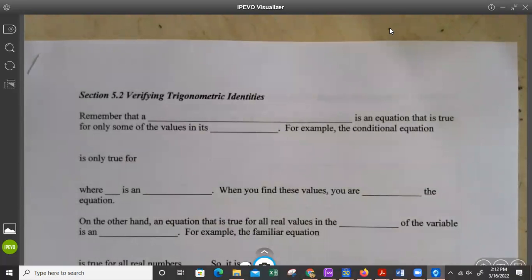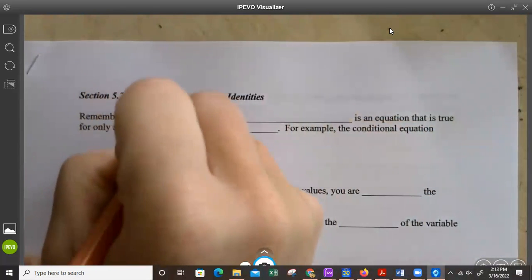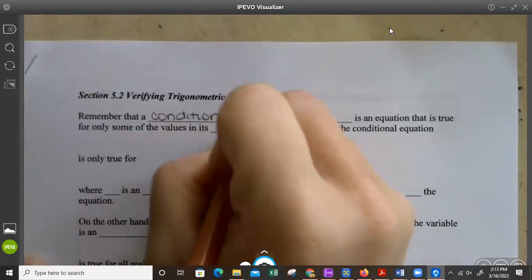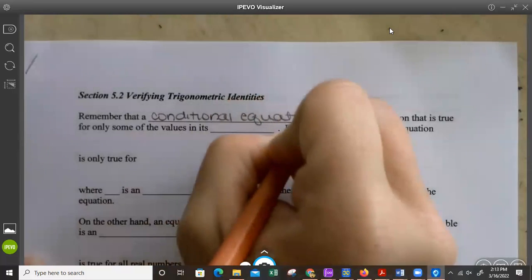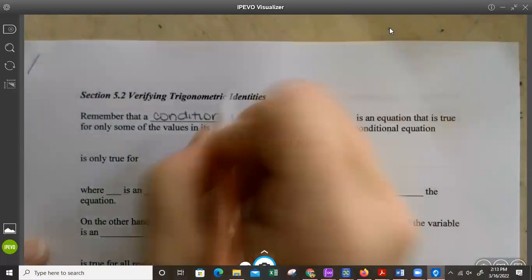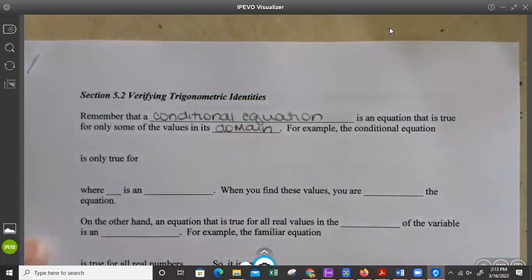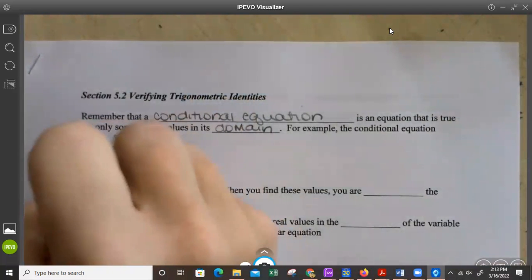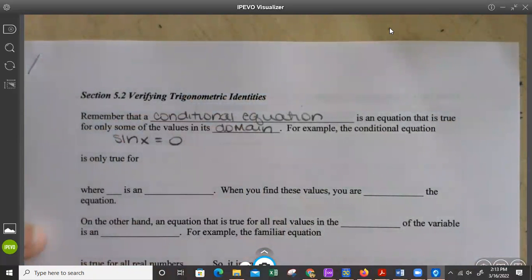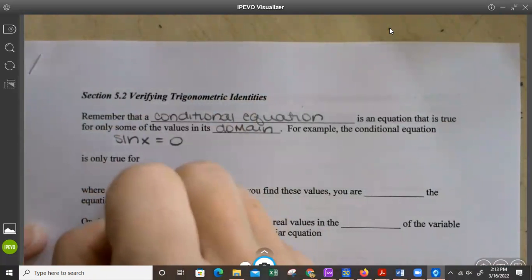Verifying trig identities. Remember that a conditional equation is an equation that is true for only some of the values in its domain. For example, the conditional equation sin x equals 0 is only true for x equals n pi.